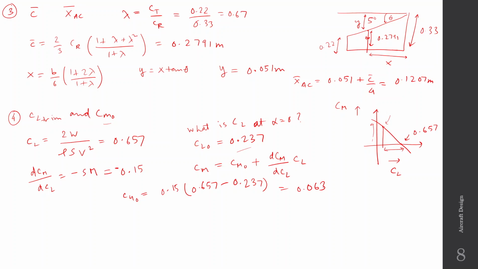So CM naught comes out to 0.063, which means that our wing and tail must be set in such a way that they give 0.063 CM.